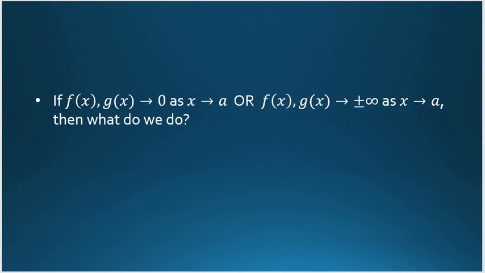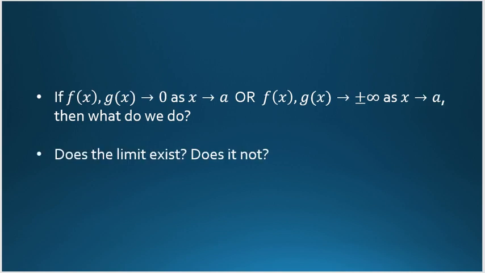So the question is, if we have either one of these cases, if both pieces go to 0 or both pieces go to negative or positive infinity at the same time, what do we do? How do we figure out what the limit of this thing is? If we even have our limit, we're not totally sure. Well, this is where our rule and the subject for this video comes into play.